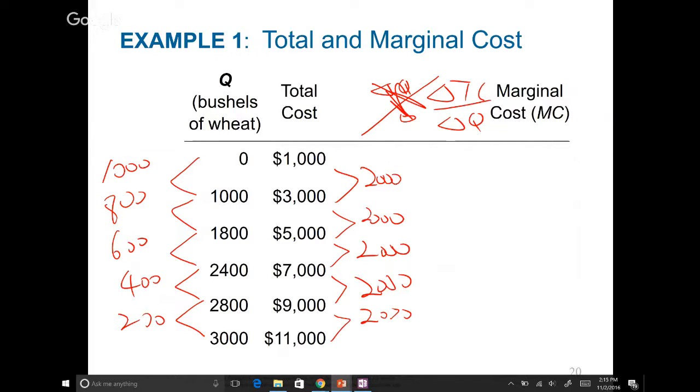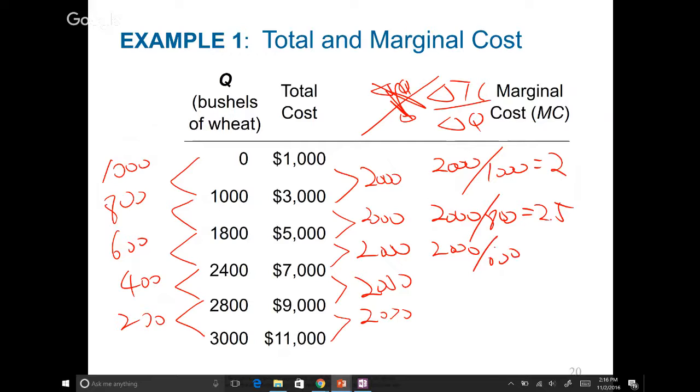So for the first one, it will be 2,000 divided by 1,000, so just $2. And the next one, 2,000 divided by 800, which is 2.5. And then 2,000 divided by 600, and then keep going. The last one, 2,000 divided by 200, so this will be 10.